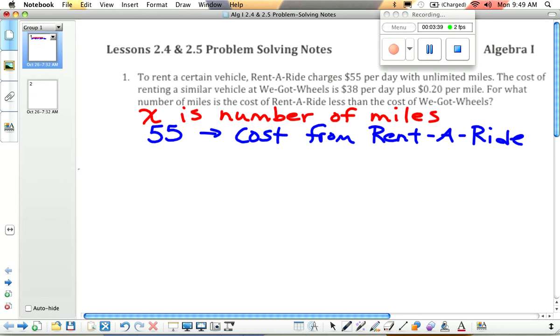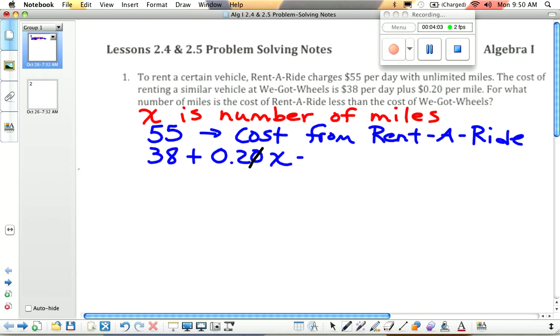What expression could we use to represent the cost from the other company called We Got Wheels? 38 plus 0.2x. 38 plus the 20 cents per mile. And we can leave this 0 off of here, we don't really need that, but it shows that we're doing 20 cents per mile.